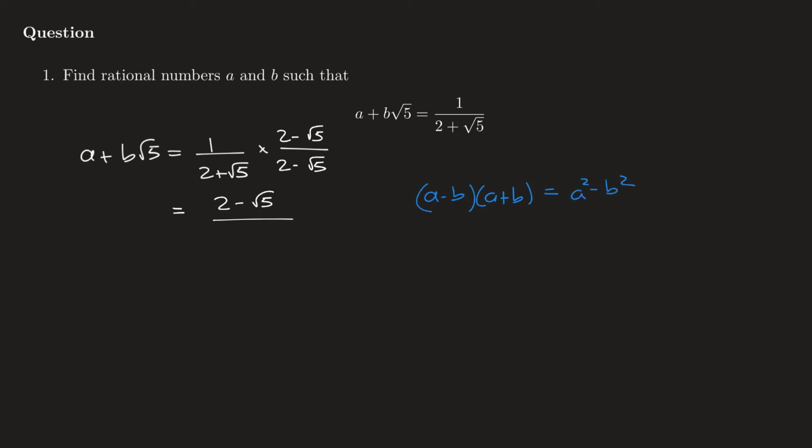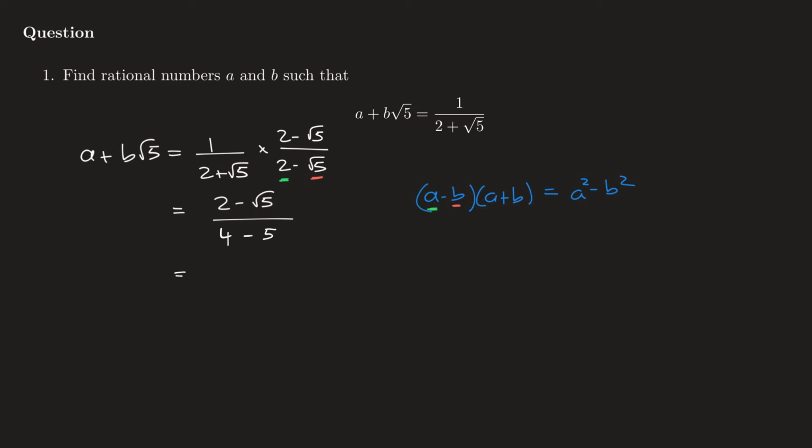In this case, the a corresponds to the 2, and the b corresponds to the root 5. Therefore, our denominator is 2 squared, which is 4, minus root 5 all squared, which is equal to 5.